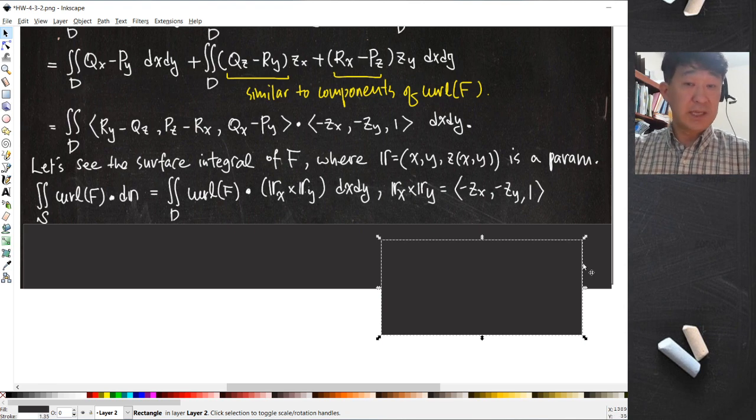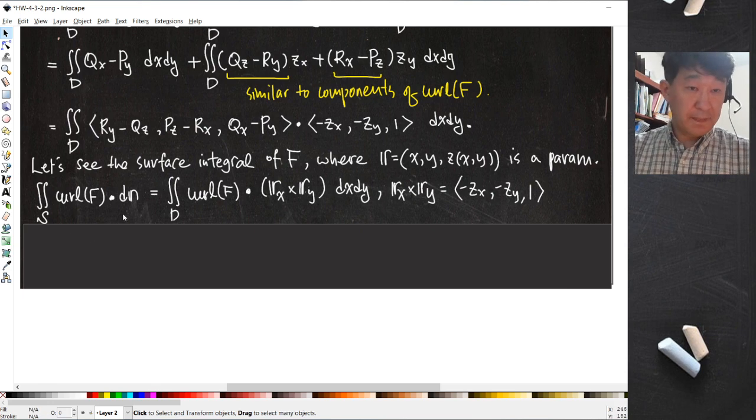So you can see if I replace this Rx cross Ry with their definition of a curl right there, put them together, you see exactly the same thing. Therefore, we show that that is equal to the surface integral. But what was the original calculation in here?